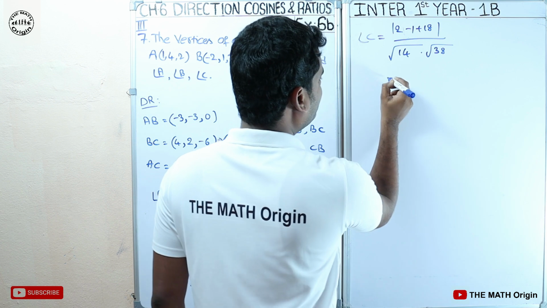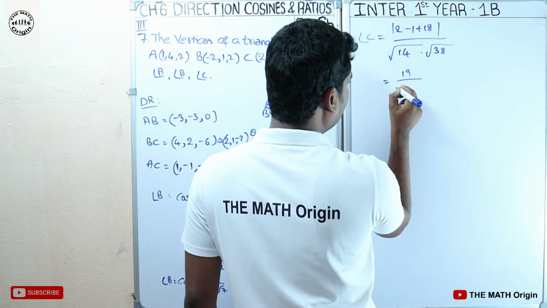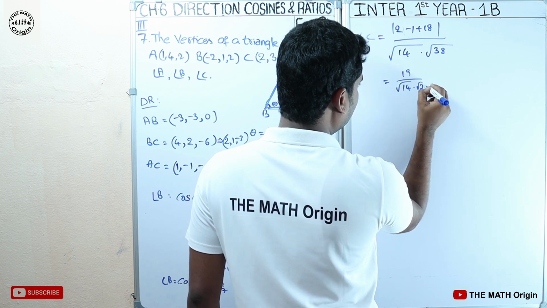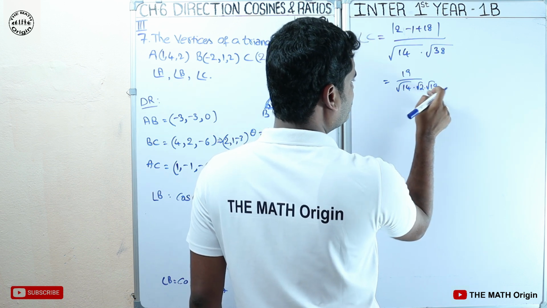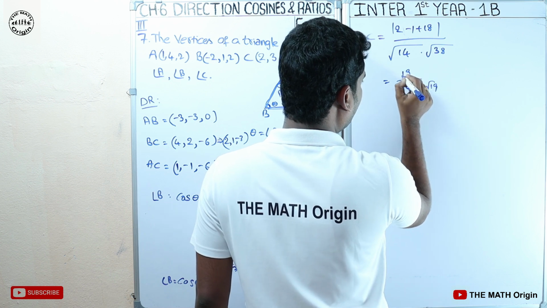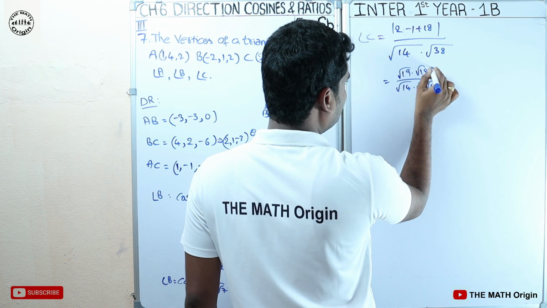Root 38. Okay, therefore that equals 2 plus 1 is 19 by root 14 into root 38. Root 38 I will write as root 2 into root 19. On the numerator, 19 I will write as root 19 into root 19.